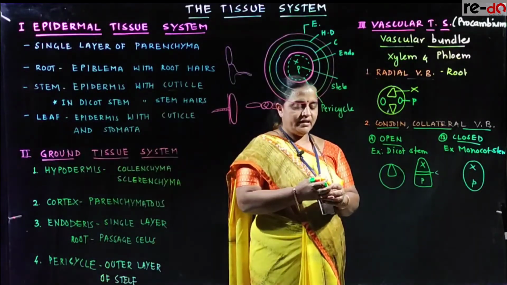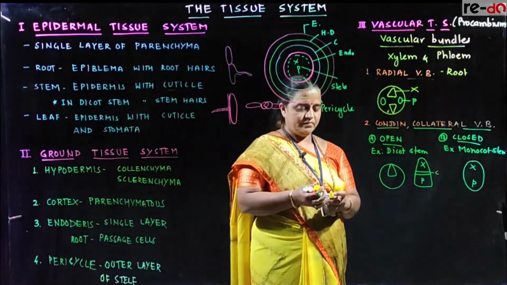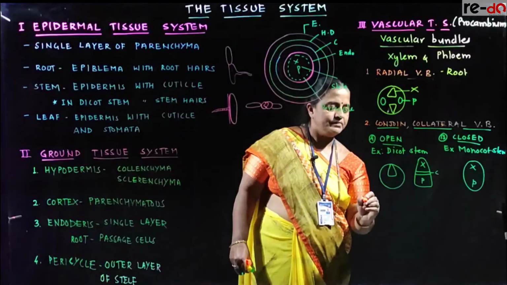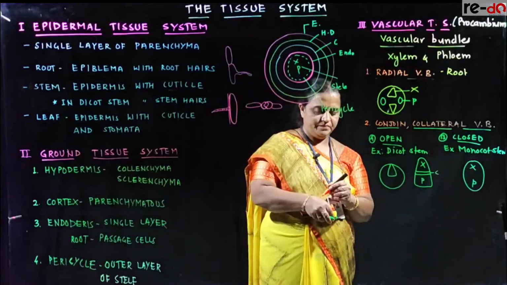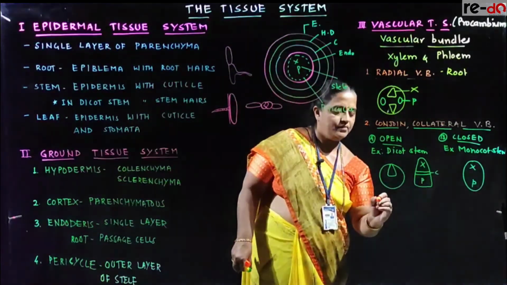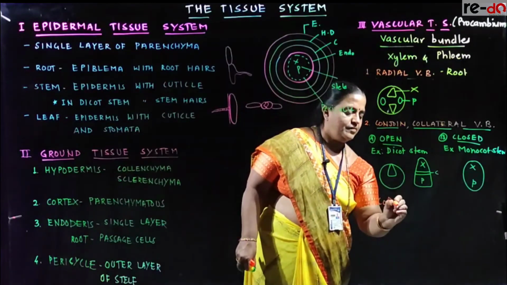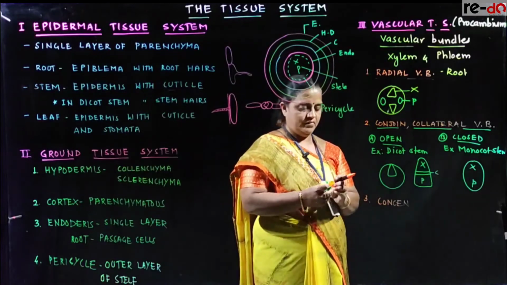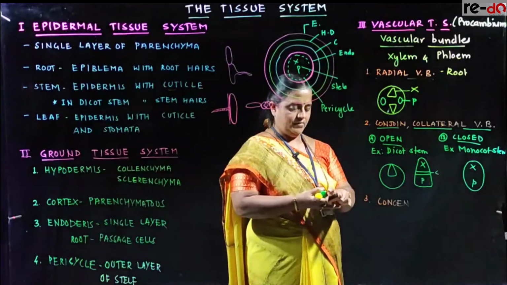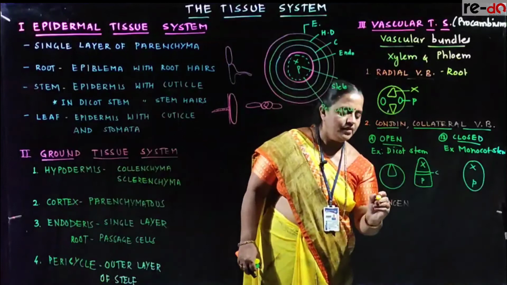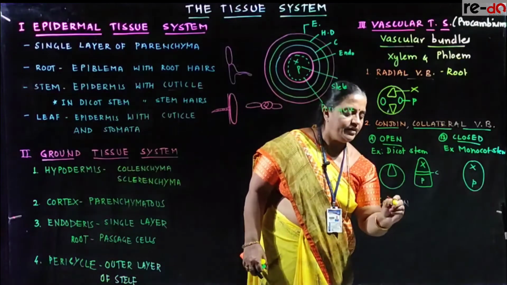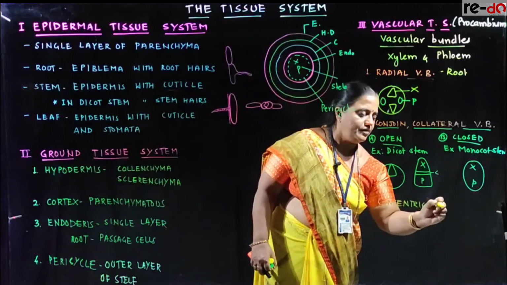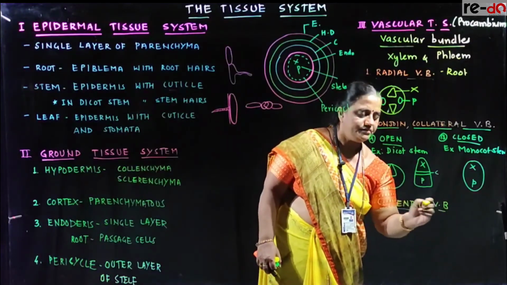Coming to the third category. The third category is concentric vascular bundle.